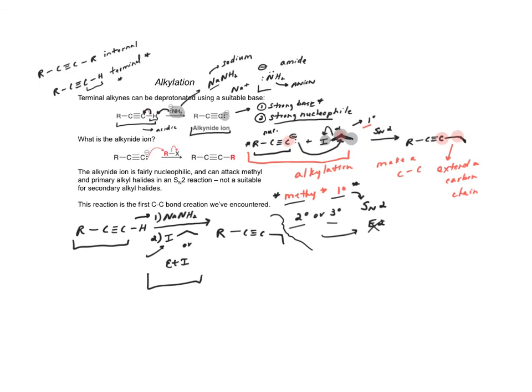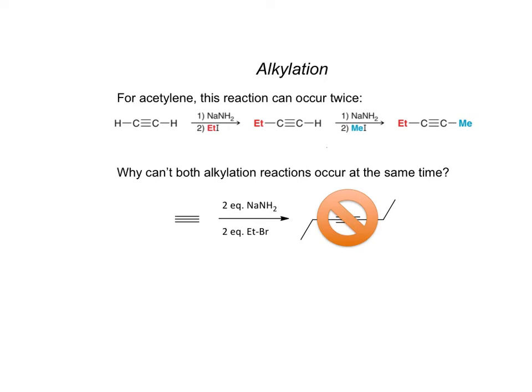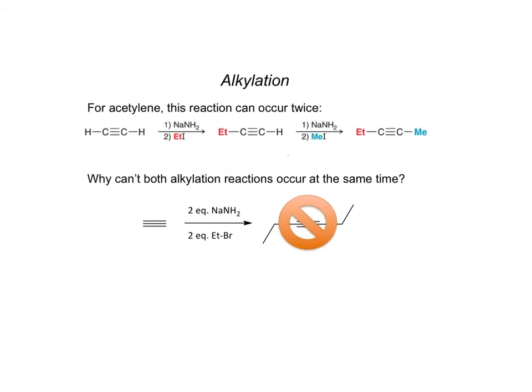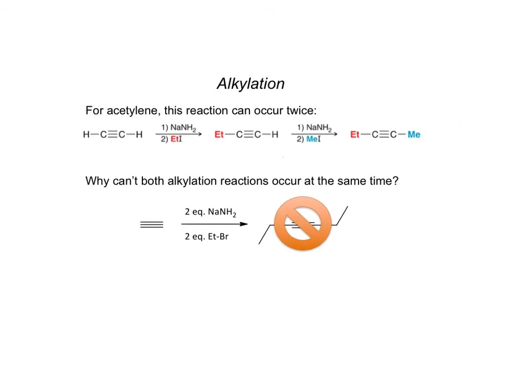We can also use this with acetylene to produce any type of molecule we want. The purpose of synthesis is to start from really simple molecules and make very complex molecules. Let's say I wanted to make something that looked like this, and the only thing I had to start with was plain old acetylene.